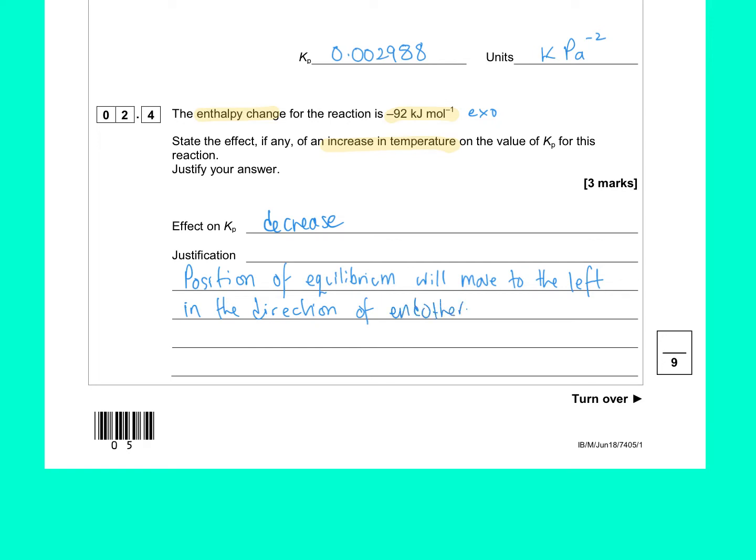You don't need to put this to get the marks in the answer, but obviously if you move more to the reactants, then the number is going to be smaller on the top, bigger on the bottom, so the value of Kp will decrease. And as we've covered many times in class, the only thing that actually affects the value of Kp is the temperature, so it will change with temperature, but it doesn't change with pressure or concentration or catalysts.